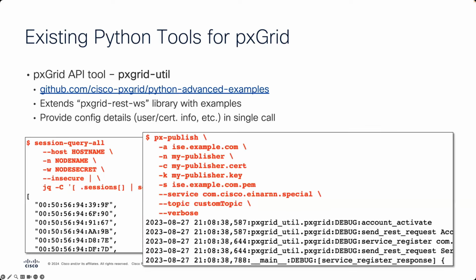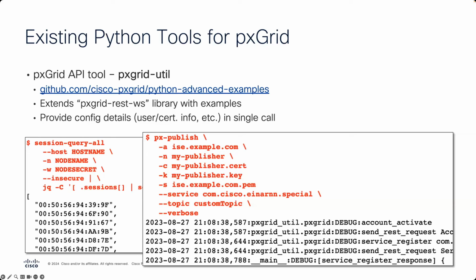Well, for that, I have something like pxpublish. pxpublish is, again, a single command, but I provide the name of my ISE instance, my username, and my certificate details. So -C, -K, -S are my private cert, my private key, and the root CA certificate of my ISE environment.